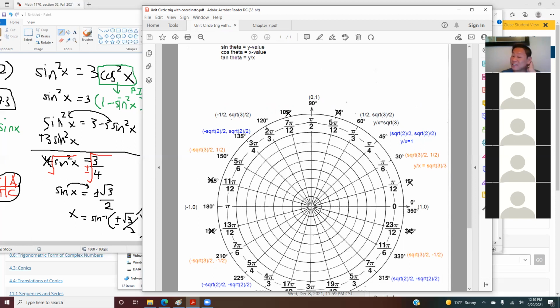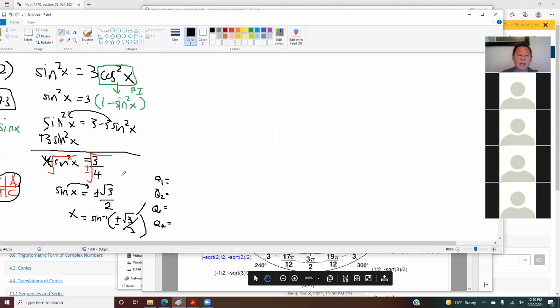So don't forget, because it's plus and minuses, anything over 3 will be your answer. So it's pi over 3, 2 pi over 3, 4 pi over 3, and then 5 pi over 3. So your answer in this case will be pi over 3, 2 pi over 3, 4 pi over 3, and 5 pi over 3.